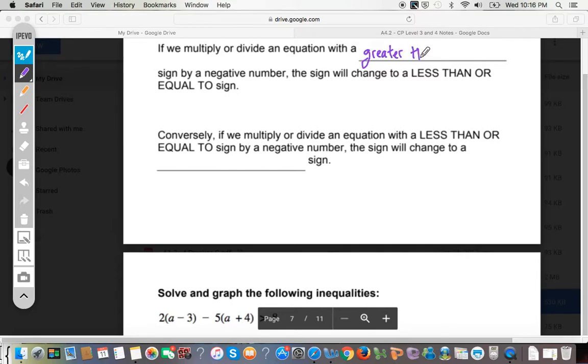And then conversely, if we multiply or divide an equation with a less than or equal to sign by a negative number, the sign will change to a greater than or equal to. Perfect. So, let's take a look at some examples.